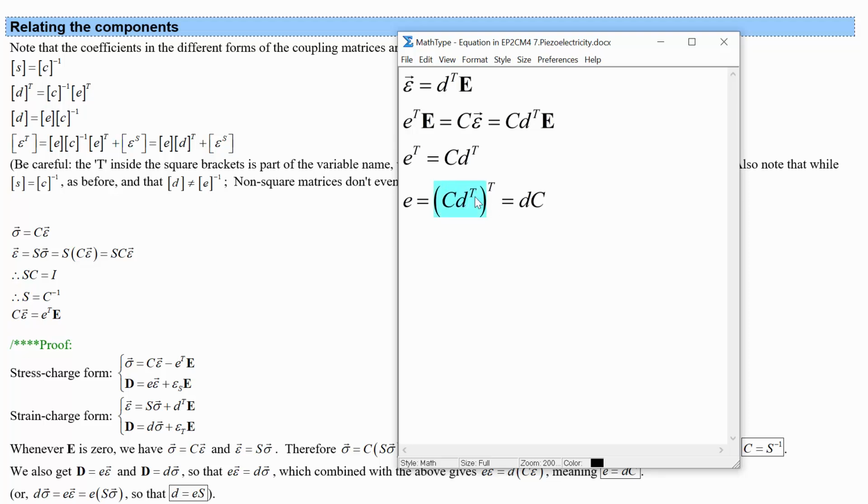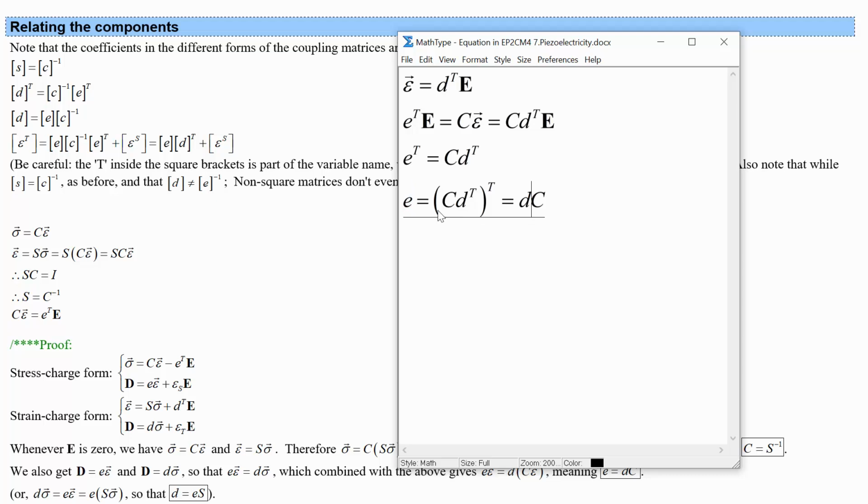D transpose is a 6 by 3. So C, 6 by 6, multiplied by a 6 by 3 will be a 6 by 3 as a result. So you take the transpose of it and you get a 3 by 6, which is what E is supposed to be.